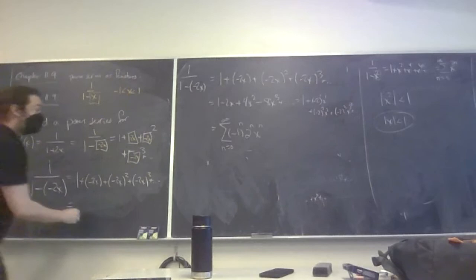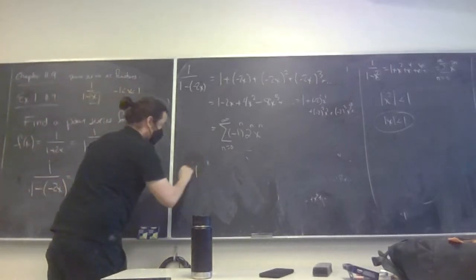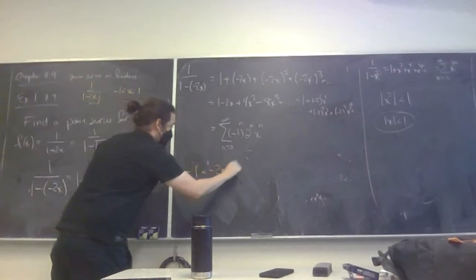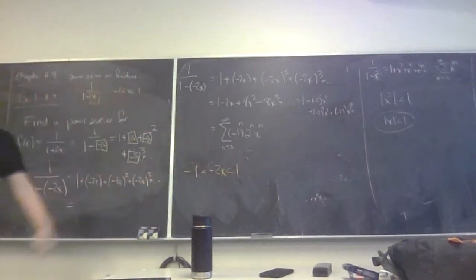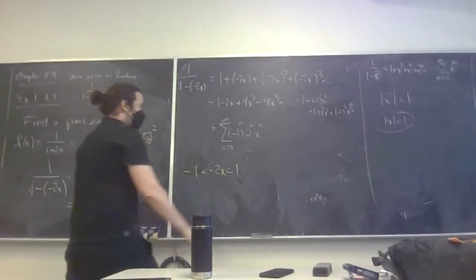This will converge whenever -2x falls between -1 and 1. Whatever went into this machine has to satisfy the rules of the machine. Another way of writing this would have been this.